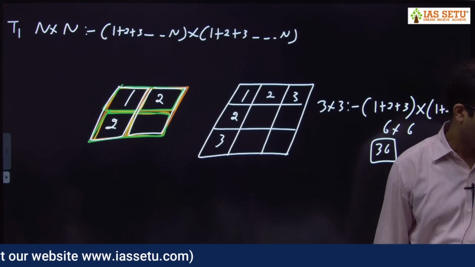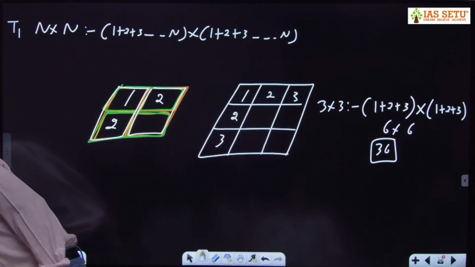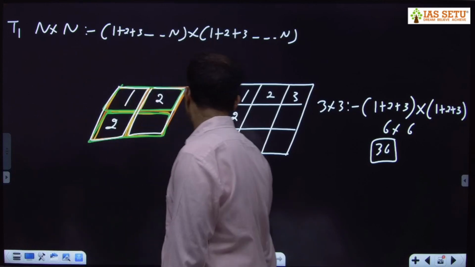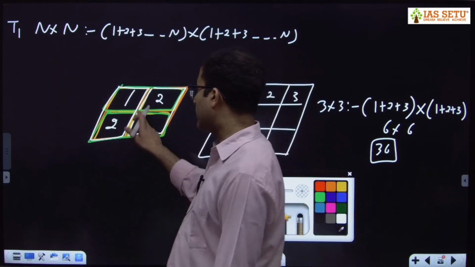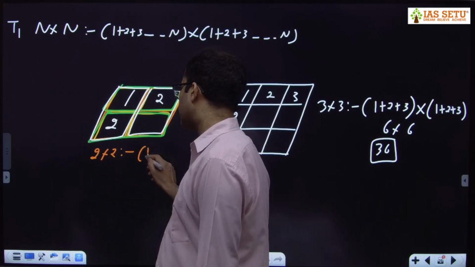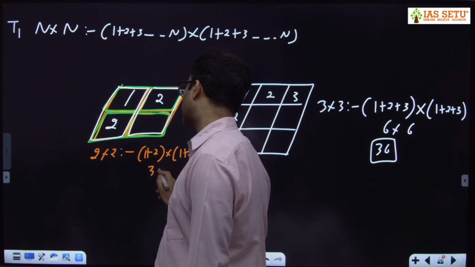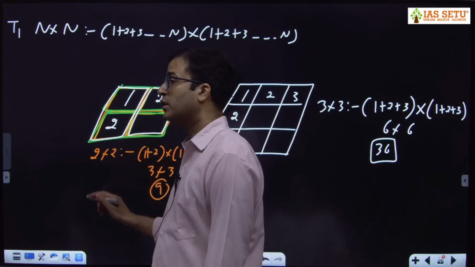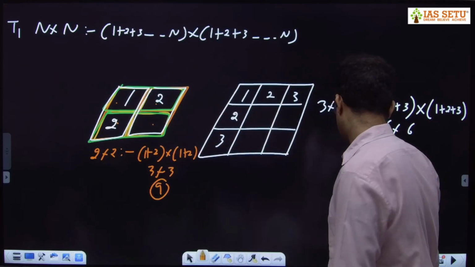Now this figure is 2 by 2. So bracket start 1 plus 2, second bracket start 1 plus 2. So 3 into 3, 9. In this given figure, how many parallelograms are there? 9.